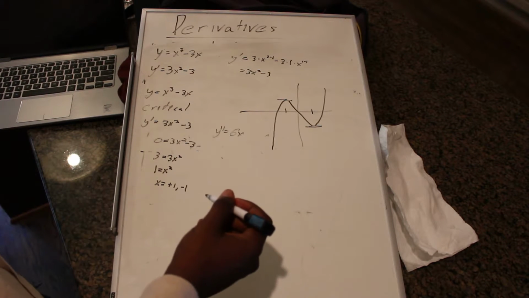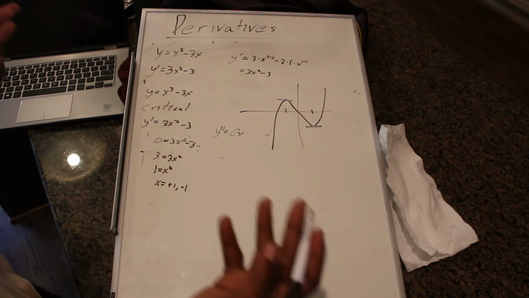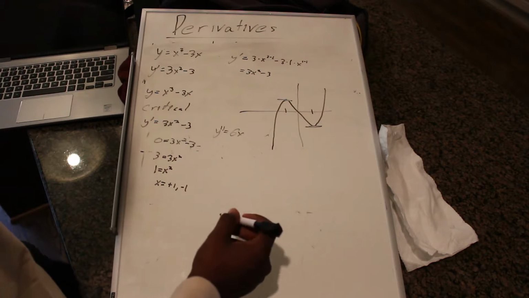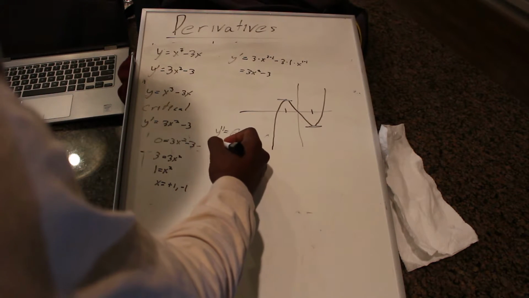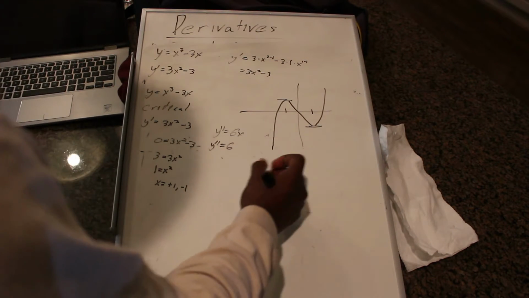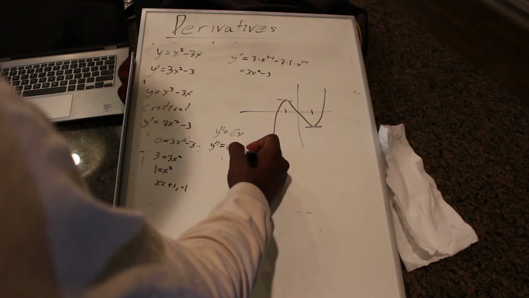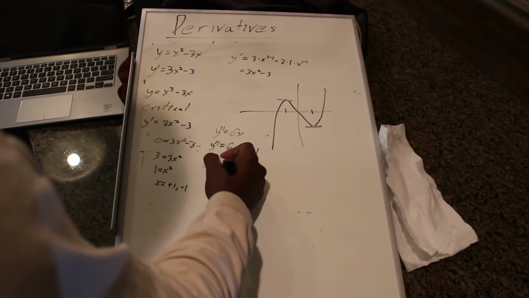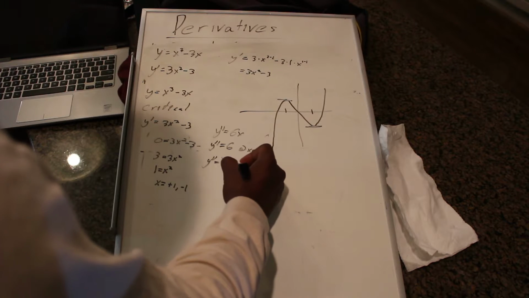At these points, we can find out whether they're maximums or minimums by finding the second derivative at those points. So y double prime equals positive 6 at x equals 1 and negative 6 at x equals negative 1.